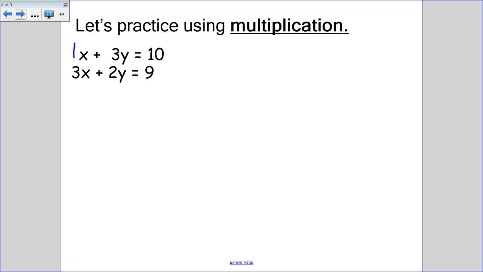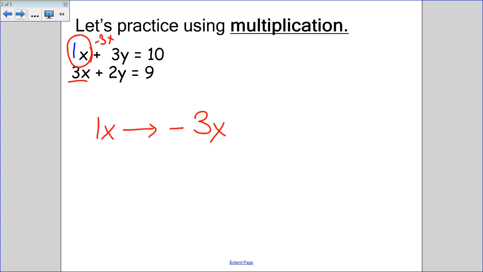So I want to find a way that I can eliminate a variable. I like to set it up so I have opposites. If I have a 3x in my bottom equation, for example, my top equation would have a negative 3x. So let's look at that. How could I get from 1x to negative 3x?